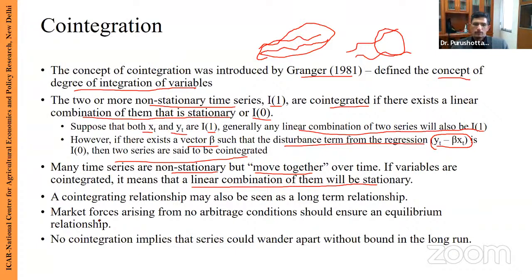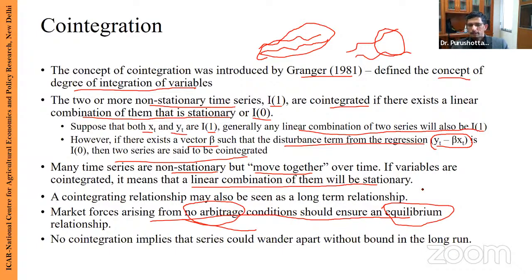So co-integration may also be seen as a long-term relationship or a long-term equilibrium relationship. Market forces arising from no-arbitrage conditions should ensure an equilibrium relationship. So if there is an equilibrium relationship, there will be no arbitrage condition.